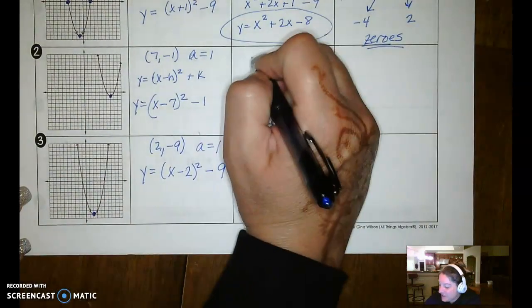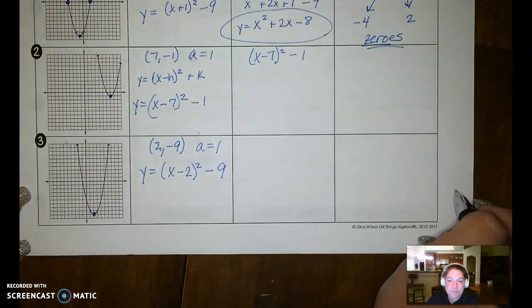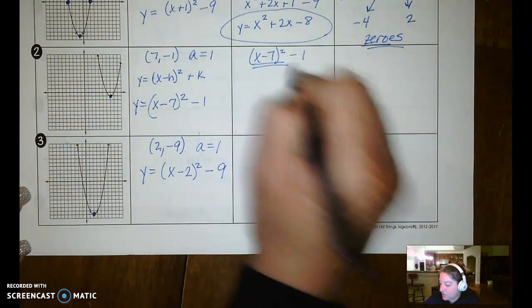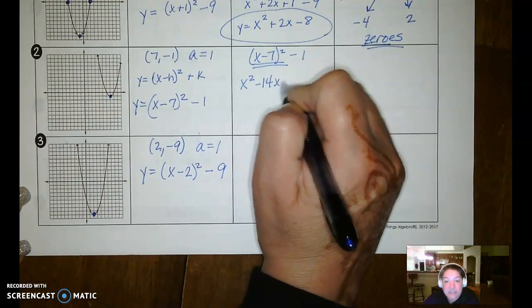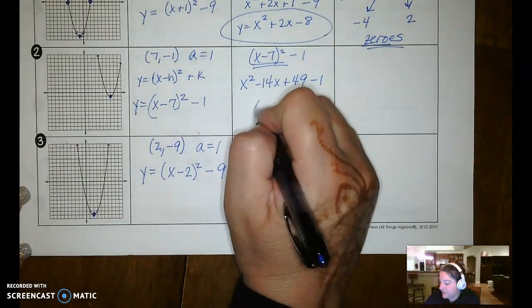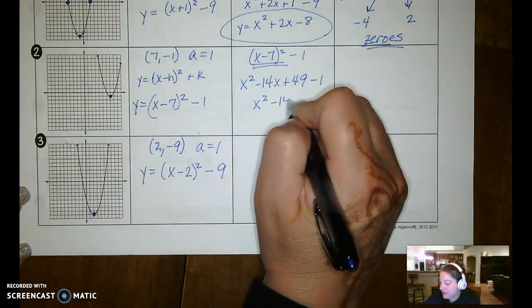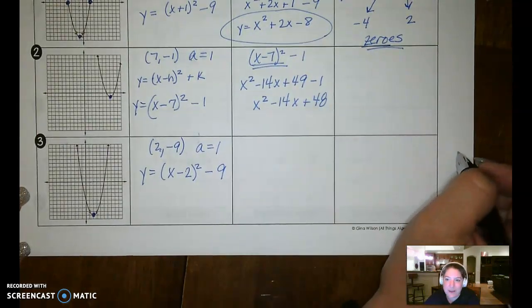Okay. So we have x minus 7 squared minus 1. So again, I'm going to FOIL this out. I'm going to get x squared minus 14x plus 49, which is going to simplify to x squared minus 14x plus 48. Okay.